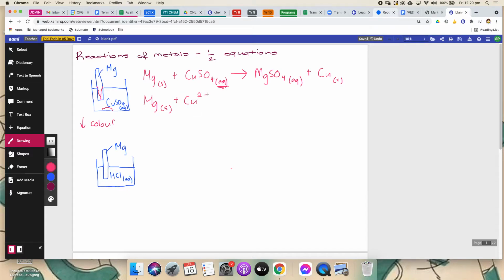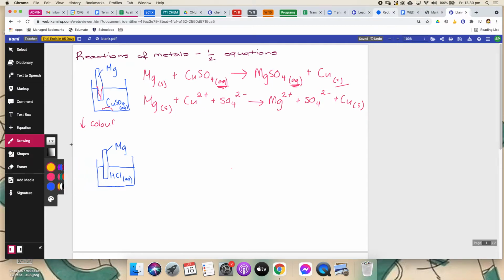This is going to be made up of copper ions and sulfate ions. Magnesium sulfate, aqueous solution again, polyatomic ion, hinting at us that it's going to be made of magnesium ions and sulfate ions. Copper as a solid, that's its natural state. It's not ionic, it's elemental.